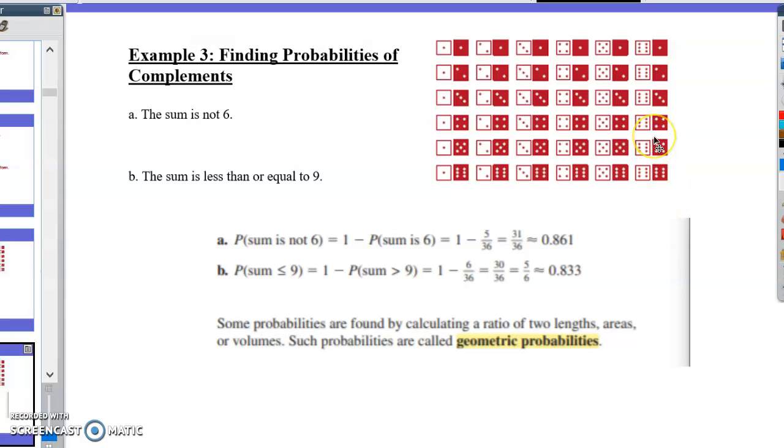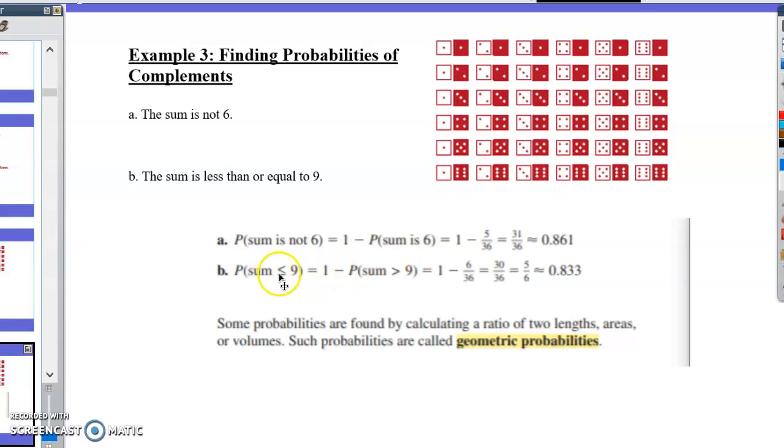So I can get a 6 with a 2 and a 4, a 3 and a 3, a 4 and a 2. There are 5 possibilities there of rolling a sum that is equal to 6. So 1 minus 5 over 36 is 31 over 36. It was a lot easier looking at the complement. How many times do I roll exactly a 6 and subtract that from 1?